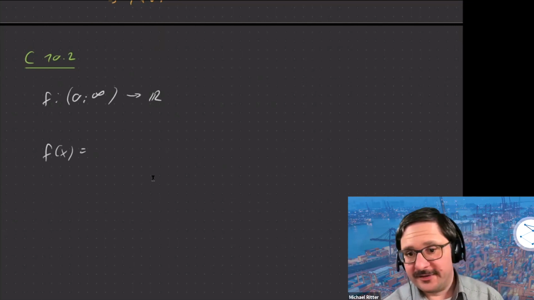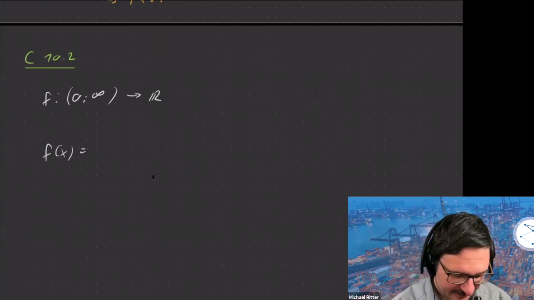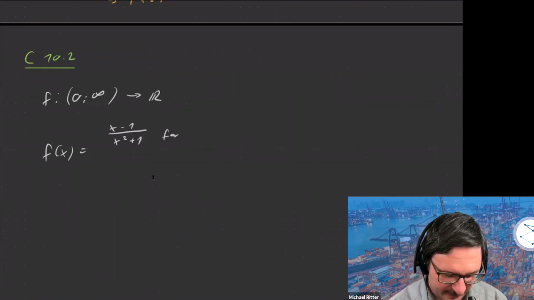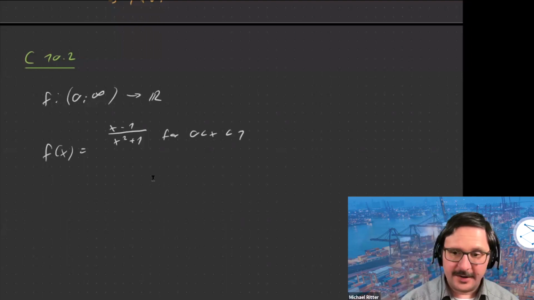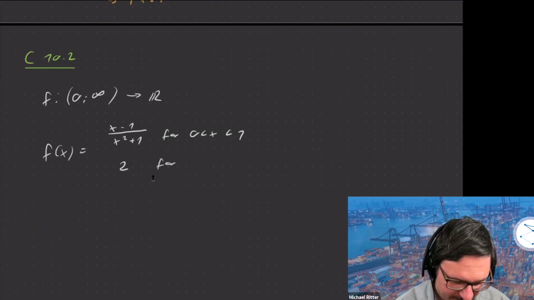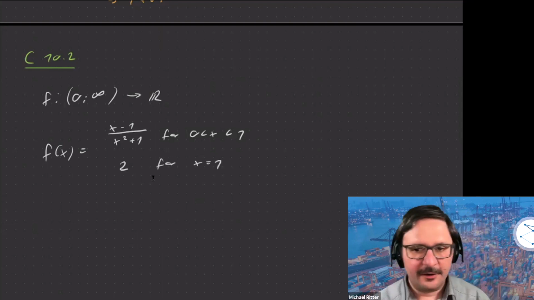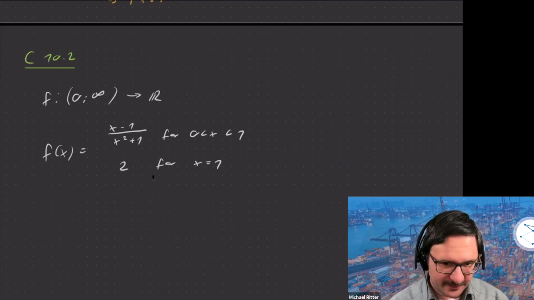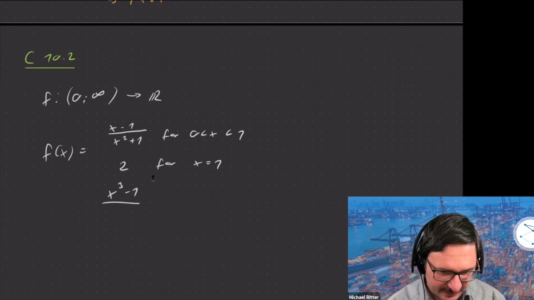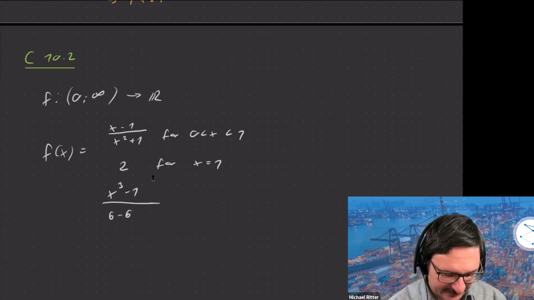In the interval between 0 and 1, strictly, the function is defined as x minus 1 over x squared plus 1 for 0 less than x less than 1. Then at the point 1, the function is defined as 2. And for numbers larger than 1, the function is defined as x to the 3rd power minus 1 over x to the 3rd power minus 6x.